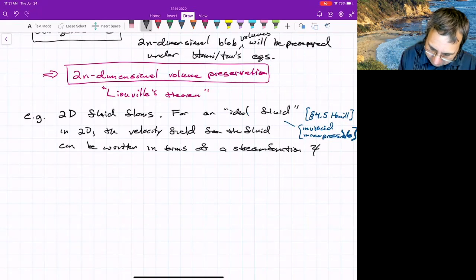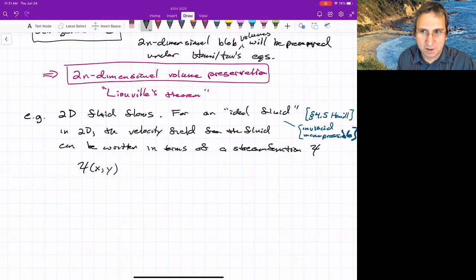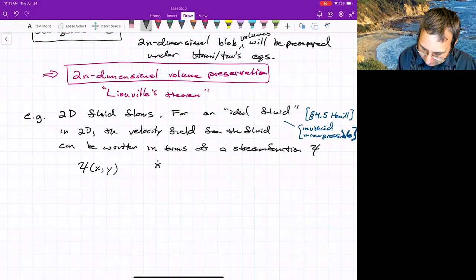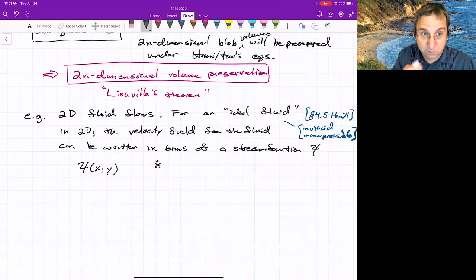So if we have psi, we usually write it in terms of position variables x and y, and then x dot, so how x changes in time for a fluid element. We sometimes write that as u, right? This is partial psi, partial y.